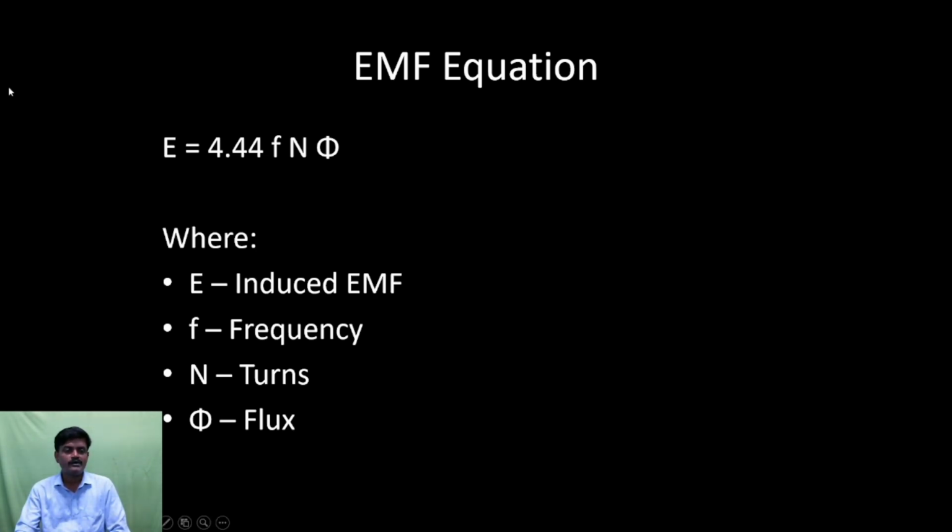How? Here we can see E is equal to 4.44 f N phi. Here f is nothing but the frequency of the supply I give, and N is the number of turns. So this EMF is directly proportional to the flux lines, the frequency, and mainly the number of turns. The flux lines and the frequency are based on the input supply only, but I can change the number of turns.